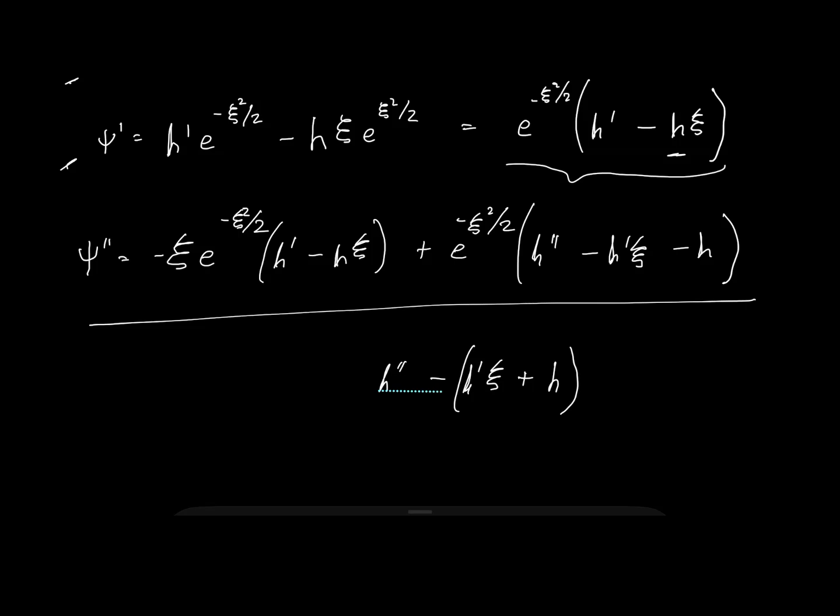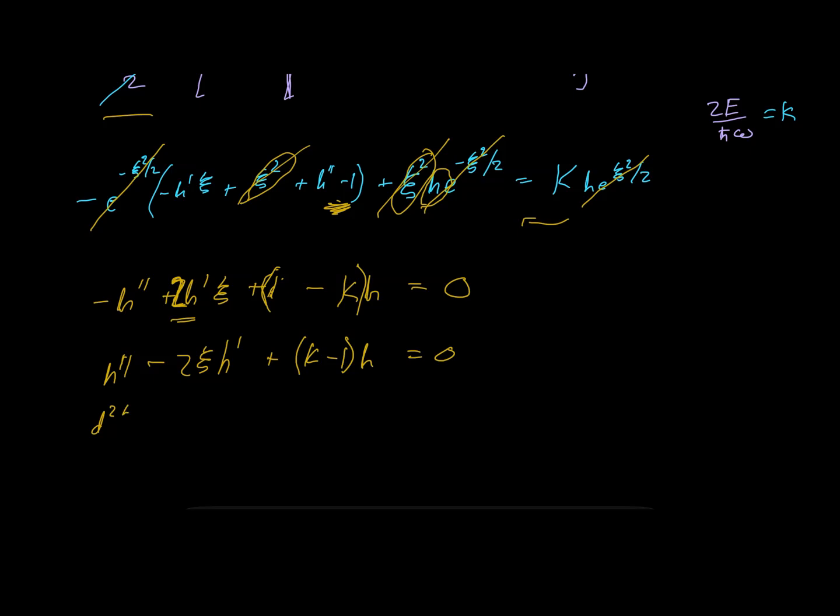This is actually the exact form we need, which is h double prime over c squared minus 2c dh/dc plus k minus 1 h equals 0.